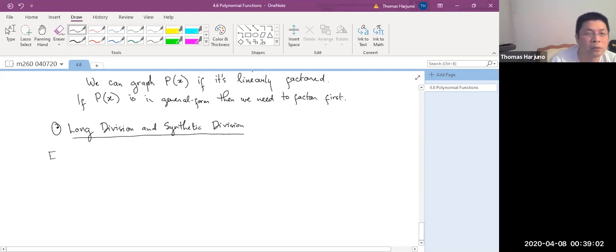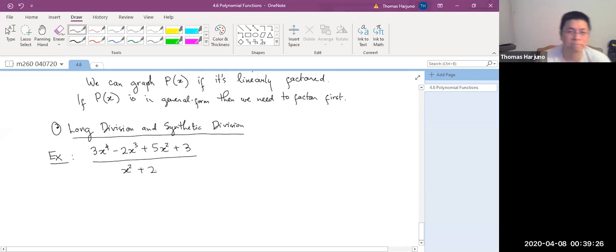For example, suppose I want to divide 3x to the 4th minus 2x cubed plus 5x squared plus 3 divided by x squared plus 2, let's say.